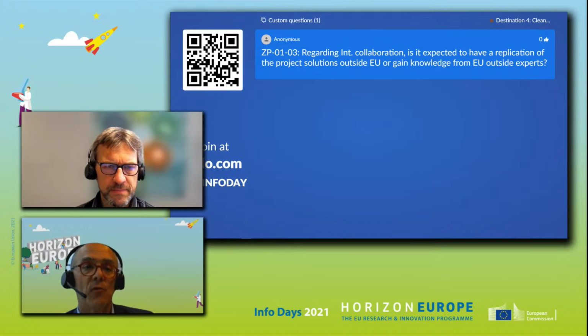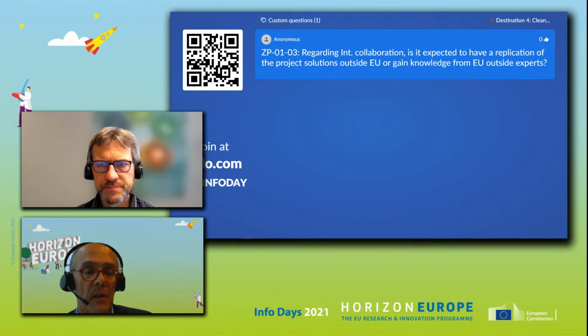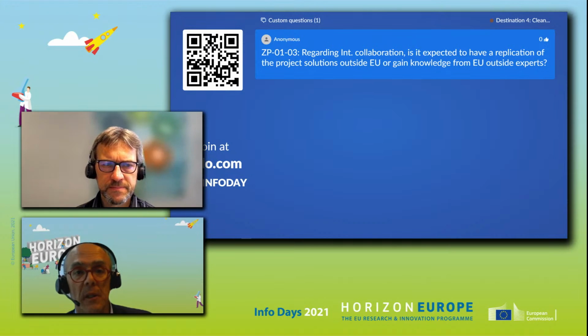I think that there is no, let's say, specific reply to this. I think this is more left to the consortium, to the proposals. This has to be justified. I think both are possible. So this is up to you to see what is the best way to integrate this international collaboration.